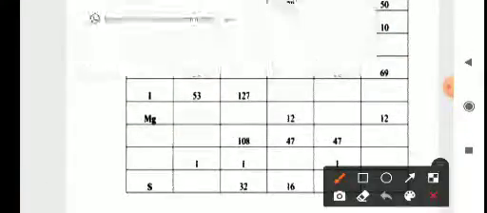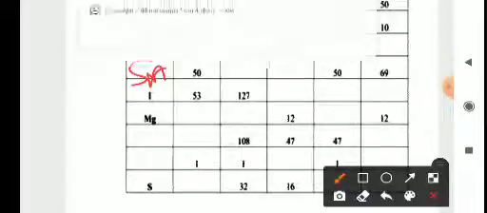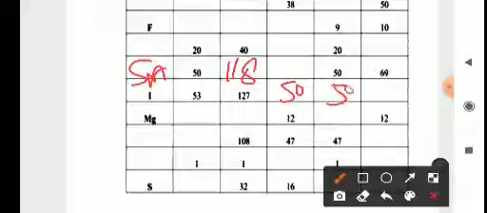For atomic number 50, the element is tin, Sn. The element with atomic number 50 is Sn. Atomic number 50, mass number 118. The number of protons is 50, the number of electrons is 50, but the number of neutrons will be 68, by subtracting 50 from 118.